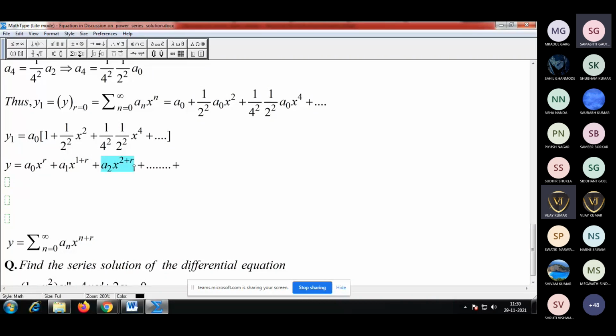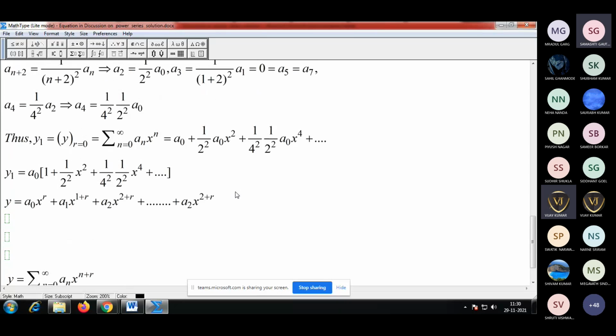You may see, we may generalize the terms here an plus 2, so n plus 2. So if 2 then r plus 2, 1 then r plus 1, so n plus 2 means what? 2 plus n plus 2.